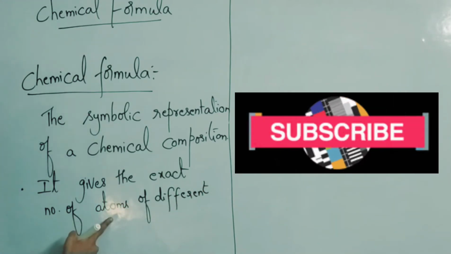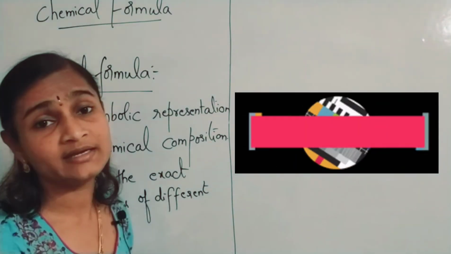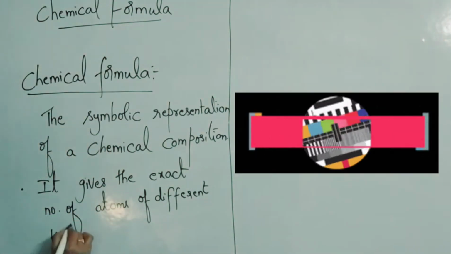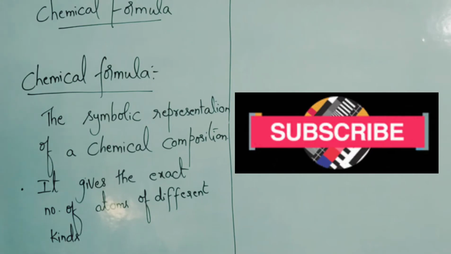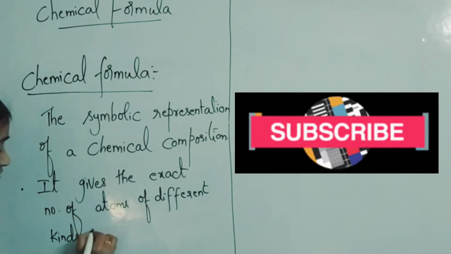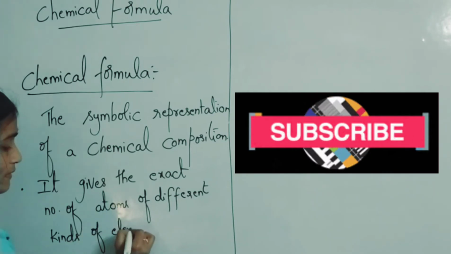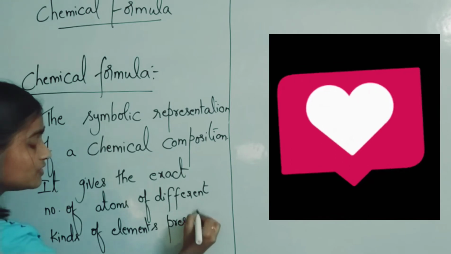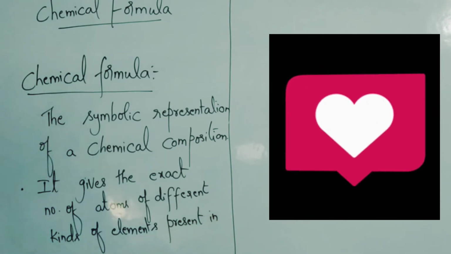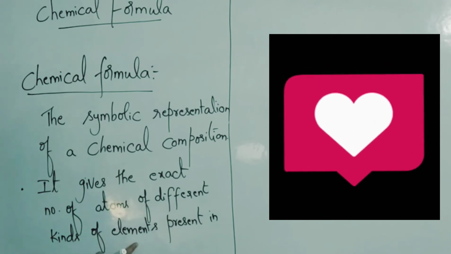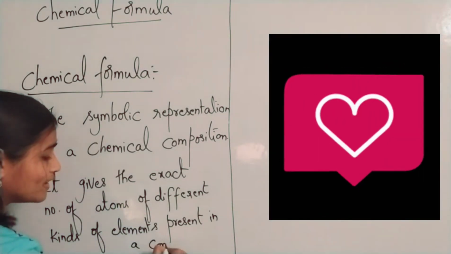How many atoms are there of each kind? So many different kinds of atoms combine together to form compounds, isn't it? So how many atoms of different kinds of elements are present in a compound? It gives information about that. Chemical formula gives information about the number of atoms of different kinds of elements present in a compound.